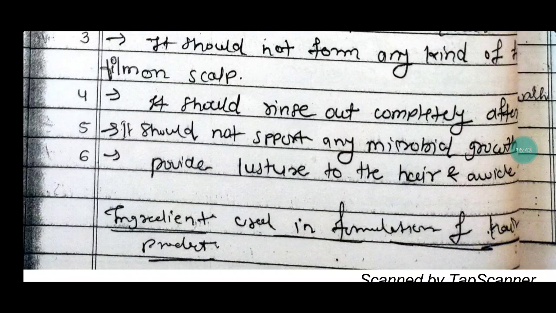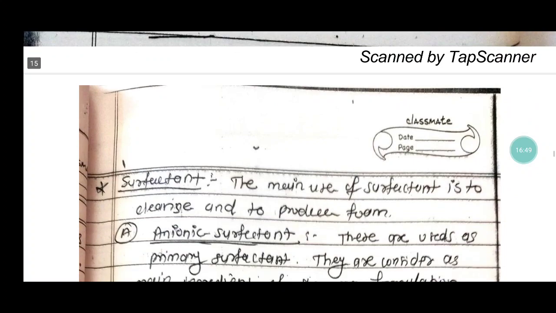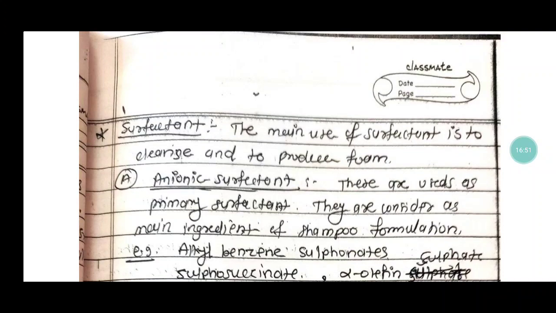So the ingredients used for the formulation of hair care products are, first, surfactants. The main use of surfactants is to cleanse and produce foam.